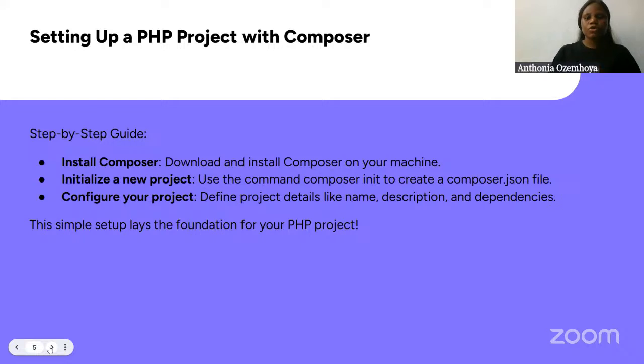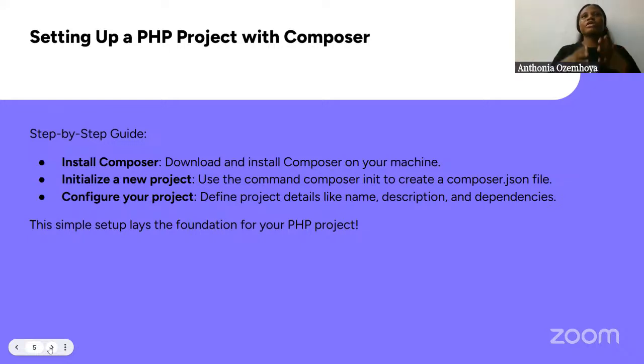All right. So we run the command composer init to create a new composer.json file. Now, this file will contain information about our project, including its dependencies. As I mentioned earlier, we install Composer on our machine by following the instructions on the official Composer website.